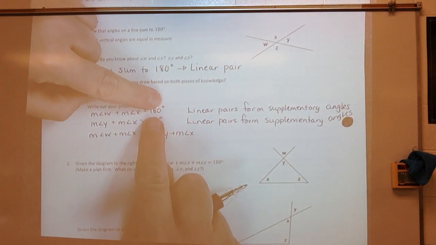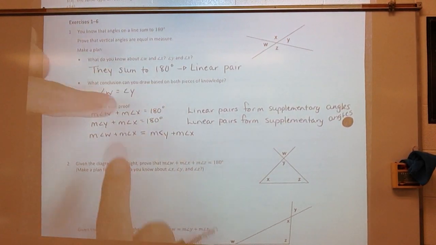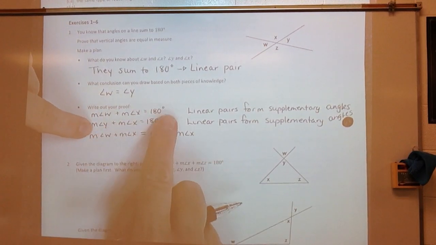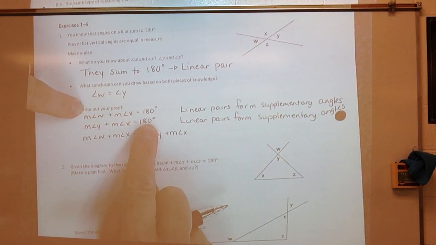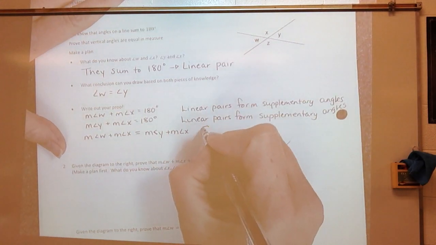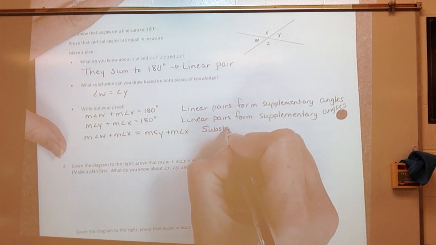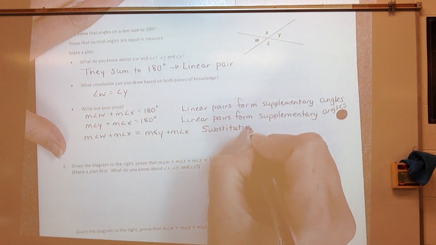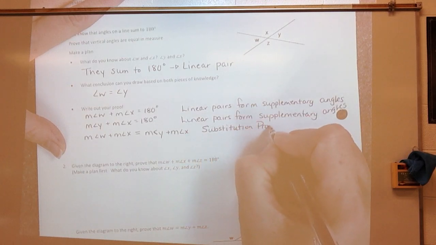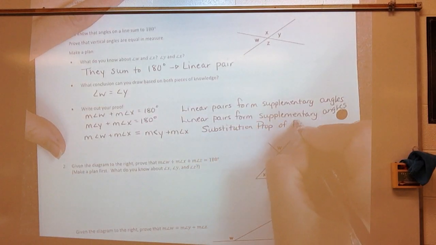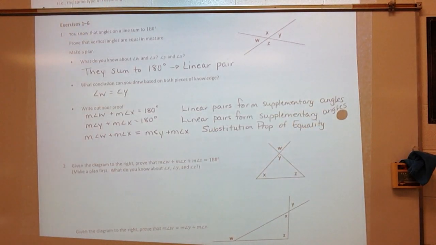I'm substituting. They're both equal to 180 degrees, so I can substitute this in for this, or this in for 180 here. And that is the substitution property of equality. Okay?